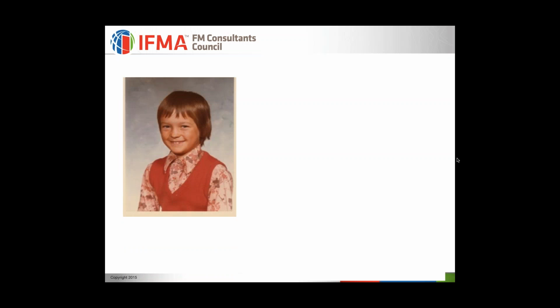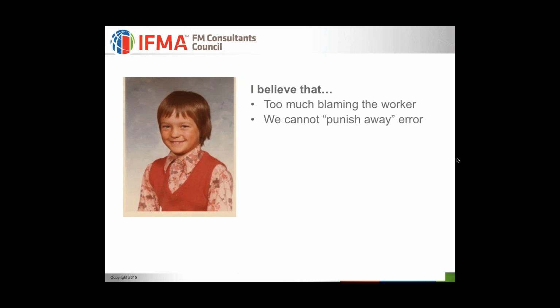I was the guy up on the ladder always dropping something on his head, and he would just shake his head and think, the genes did not pass from one to the other. So I learned as I got older that I just wasn't suited for those types of jobs, and I have a different kind of personality, different default settings. And it's okay. I learned over time that there's no sense blaming someone for being hardwired a certain way. This is just how we're born, and I'll talk more about that in a minute.